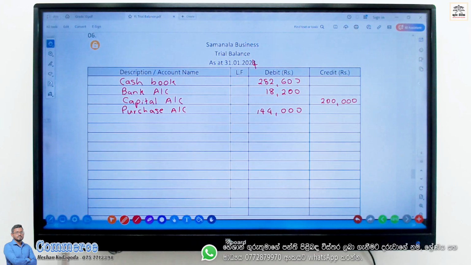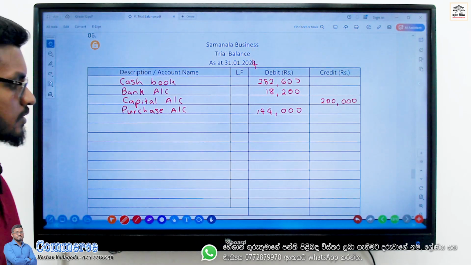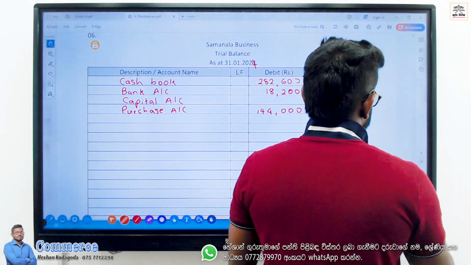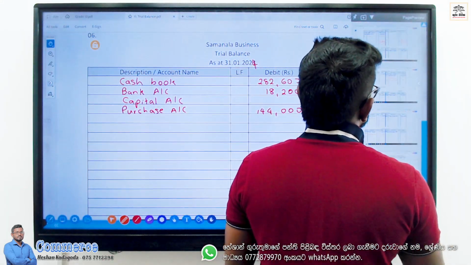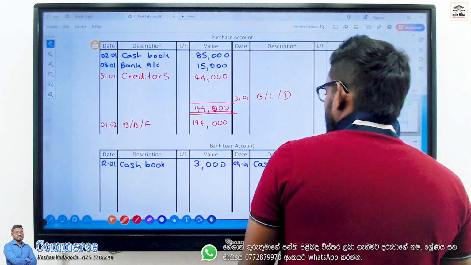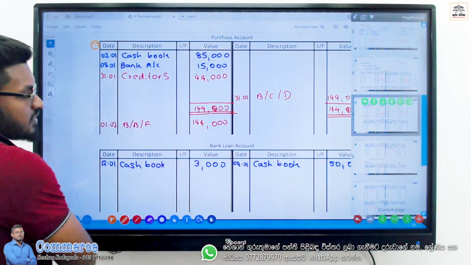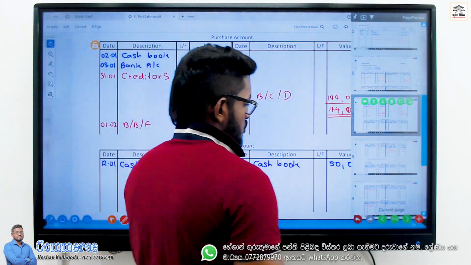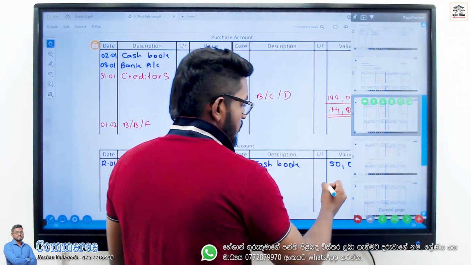Okay, guys. So I'm not going to balance everything. It's wasting our time, right? So in here, you know how to balance it.